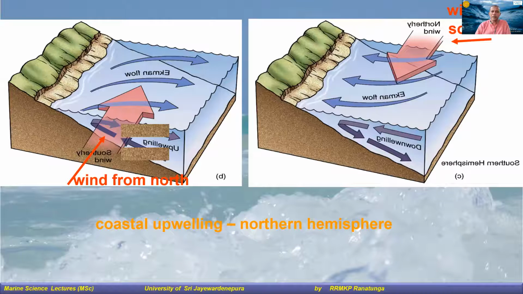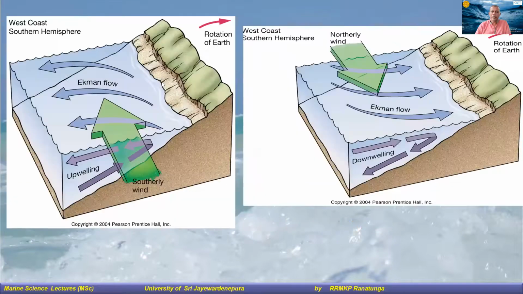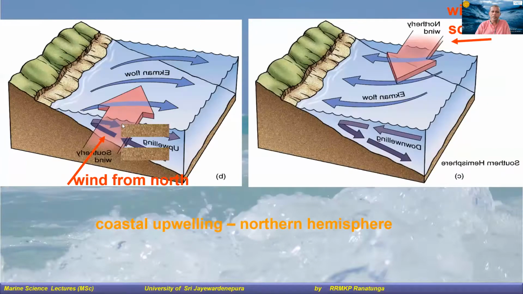Compared to the southern hemisphere, where upwelling happens when the wind is blowing from the southern direction, here in this case it is from the northern direction, right? Anyway, this upwelling is still there, but if the wind is blowing from the south, then there will be a downwelling. Right? So the same upwelling and downwelling can happen in both hemispheres, depending on which side the wind is blowing from. Right?